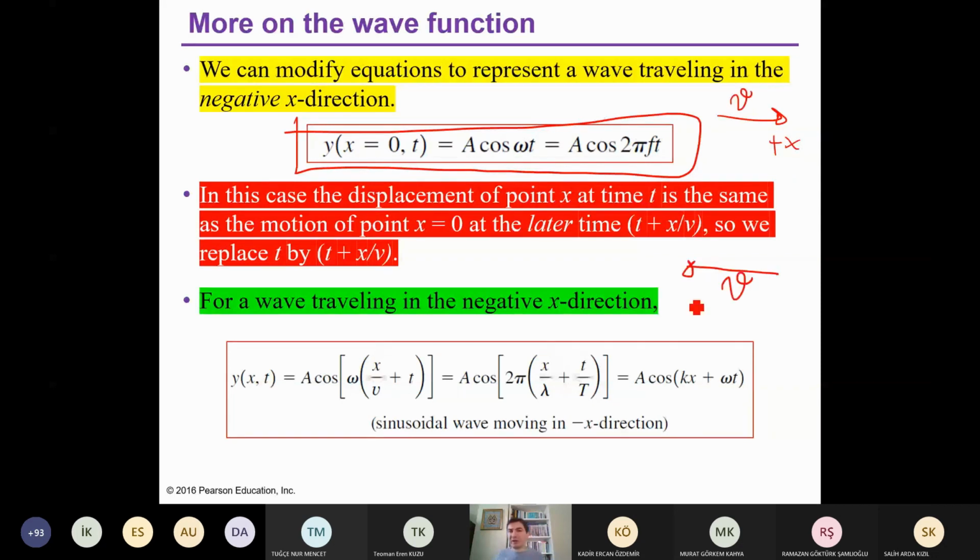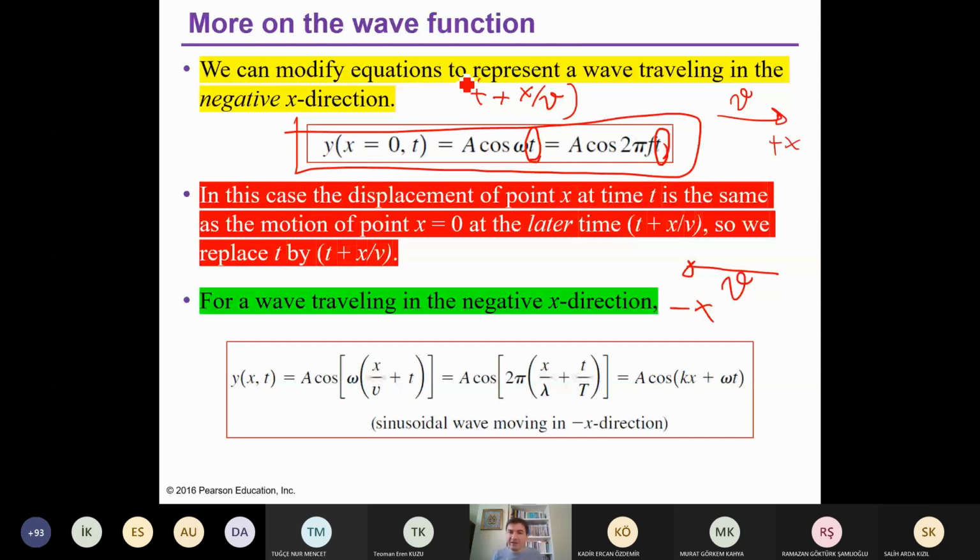If the wave propagates along the negative x direction, instead of time here, we will use this expression, t plus x over v. If the wave propagates along the positive x, we have used t minus x over v. We have done it, okay?